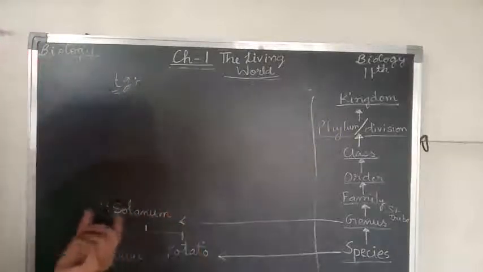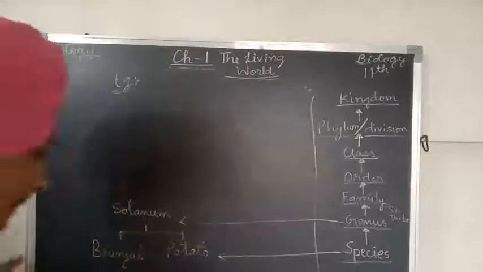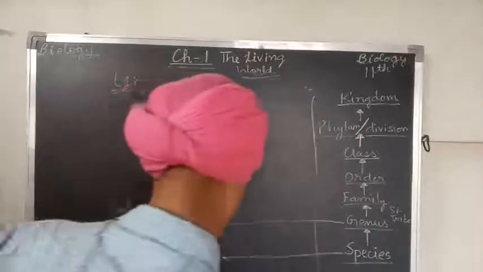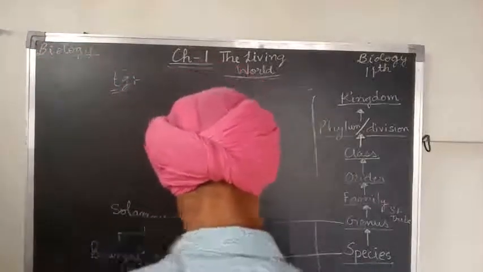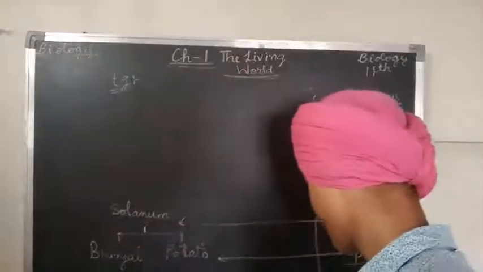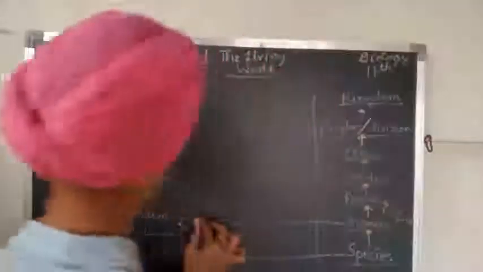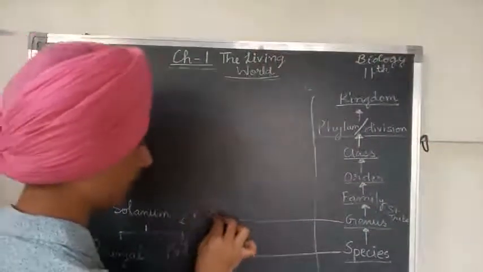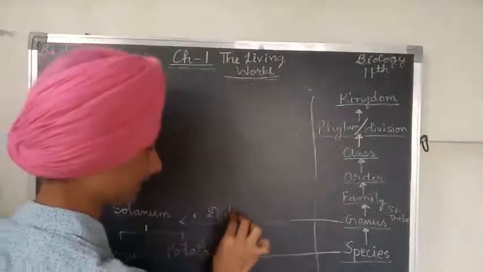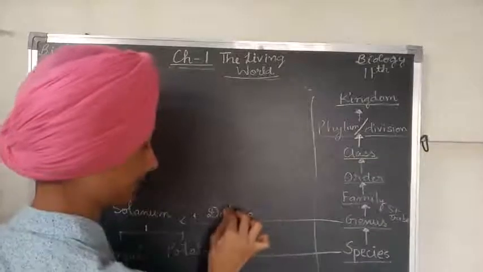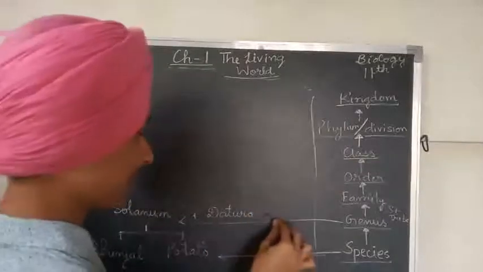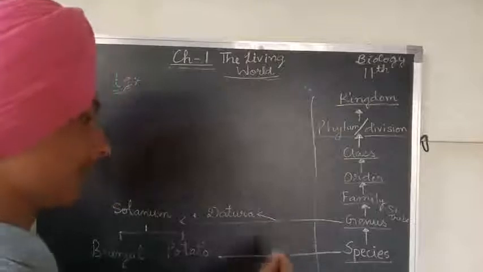Solanum is a genus of the potato family. Clear? Let us take another example of genus, that is Datura. It is also an example of genus.